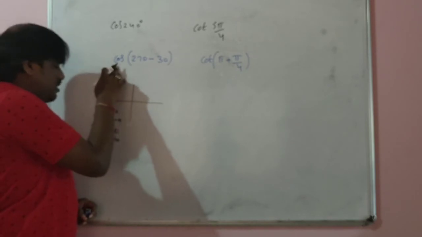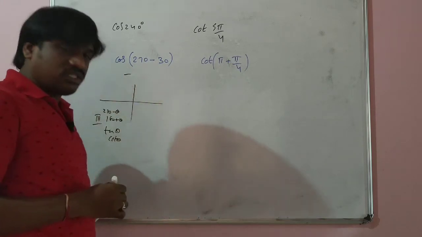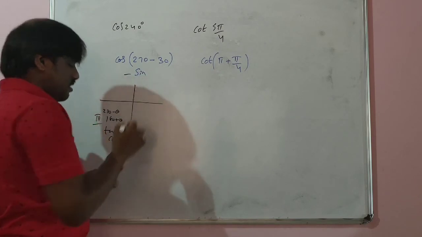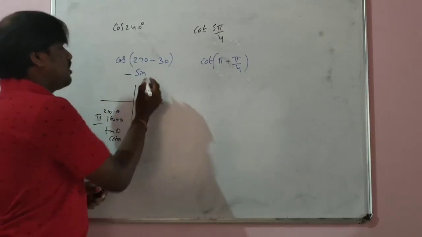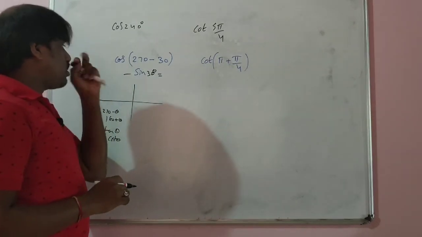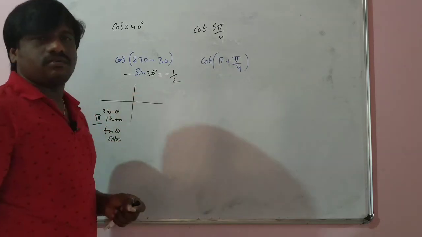So cos is negative here, and I told you, when you have 270, cos is going to change as sine, and I am going to get sine 30 degrees. Sine 30 degrees value is how much? 1 by 2, so the answer is minus 1 by 2.